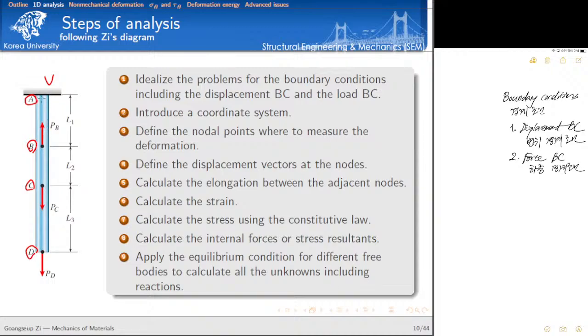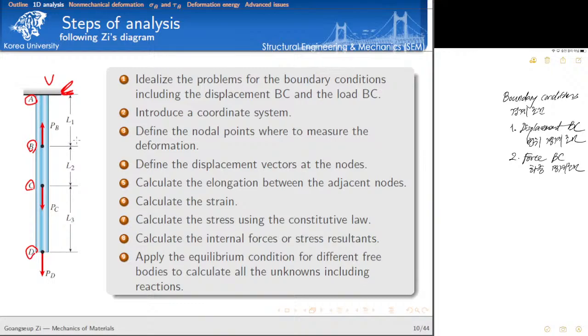At point A, we have a reaction, but the reaction is not known before any calculation. That's why instead of a force boundary condition, we know that point A cannot move because of the support. That's why this is the displacement boundary condition. Here, the displacement at point A is equal to 0.